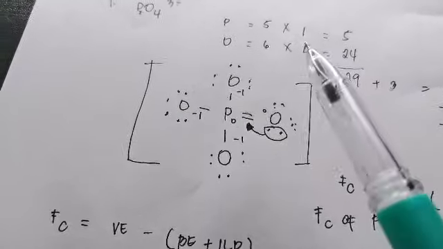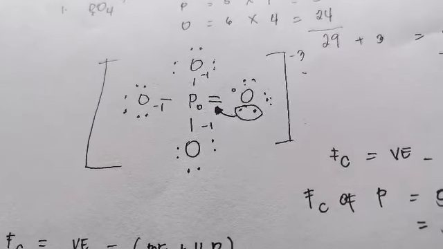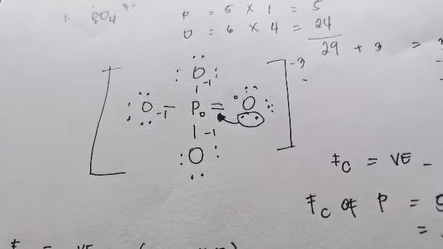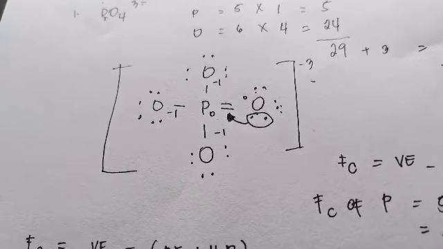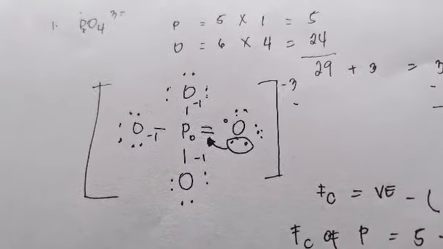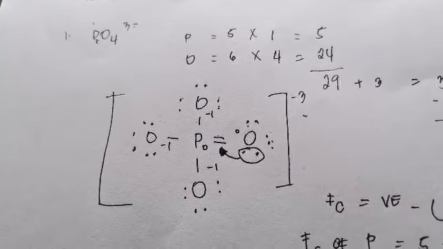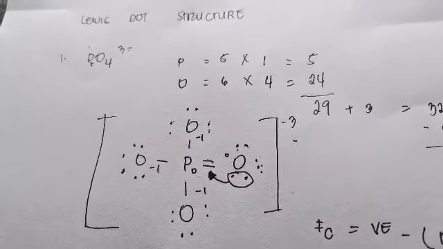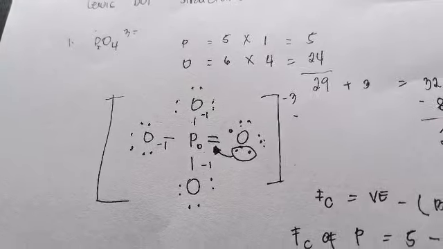That's why meron kang kin-add dito because you are getting the expected. So you need to put negative 3 here. So it means that nagbaro lang po tayo ng electrons.